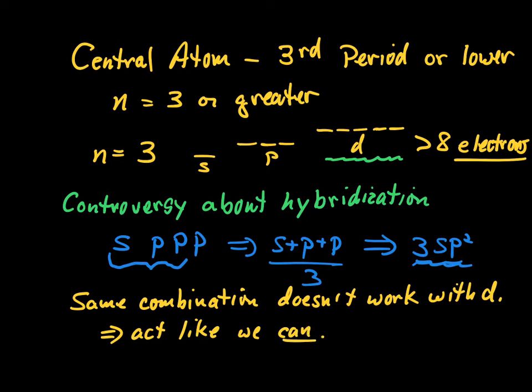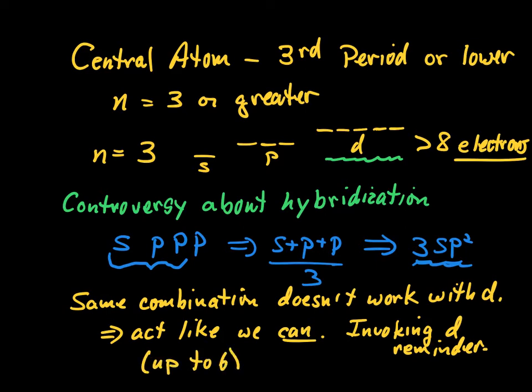We'll act like it does work, because I think invoking the D's is a good reminder that the D has to be available in order to accomplish these hypervalent bonding systems. So we're going to invoke it in our systems up to 6, our standard hypervalent species, just as a reminder that the D's have to be available for us to do this.